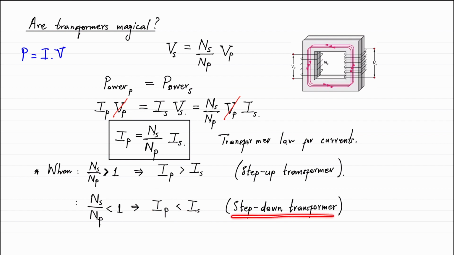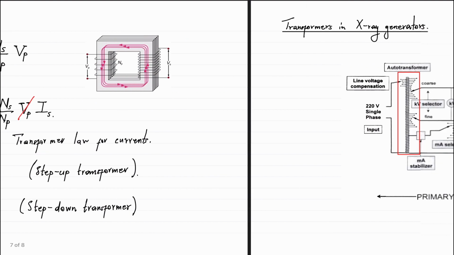So a step-down transformer, while it reduces the voltage, look at what it does to the current. It increases it. The current on the secondary is larger than that of the primary when you're using a step-down transformer. Actually, this is very important.